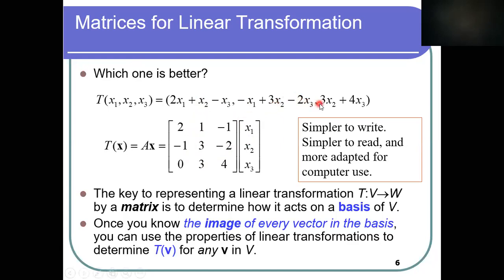Here the coefficient of x1 is 0, the coefficient of x2 is 2 and the coefficient of x3 is 4. In that case, we can write this transformation as a matrix. So one can say we can write any linear transformation in the form of matrices.